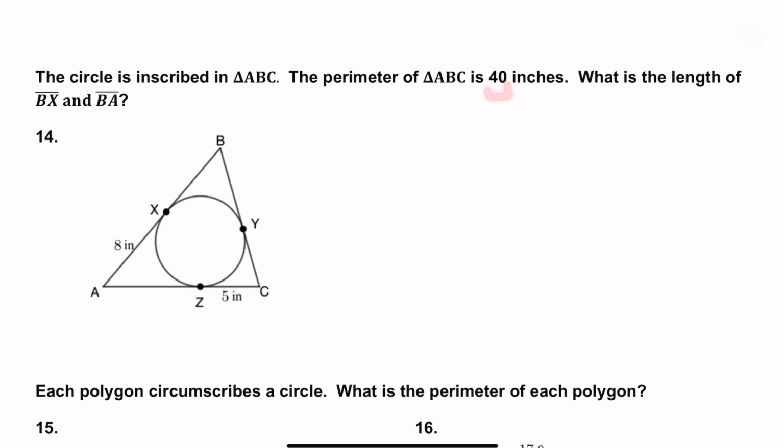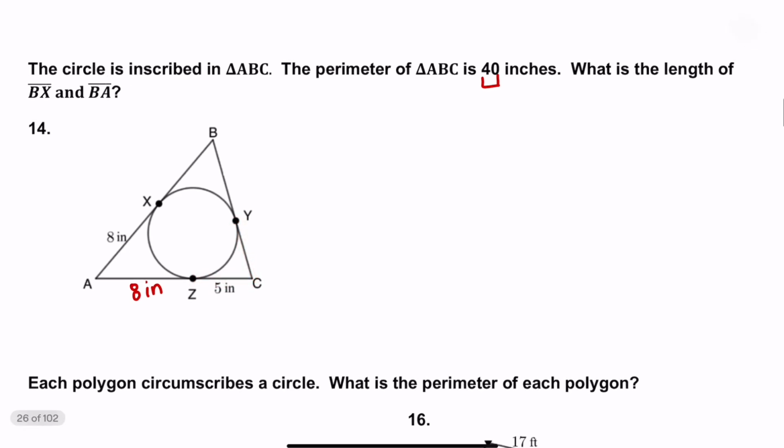We need to keep that in mind. What is the length of BX and BA? I know that if this length is 8, this length is 8, so I'm going to write in 8 inches right here. If this length is 5, then YC is also 5 inches.